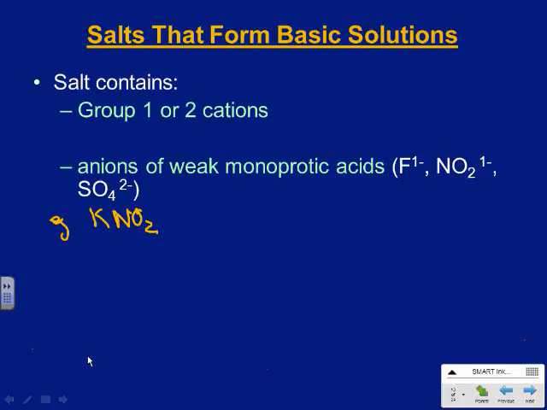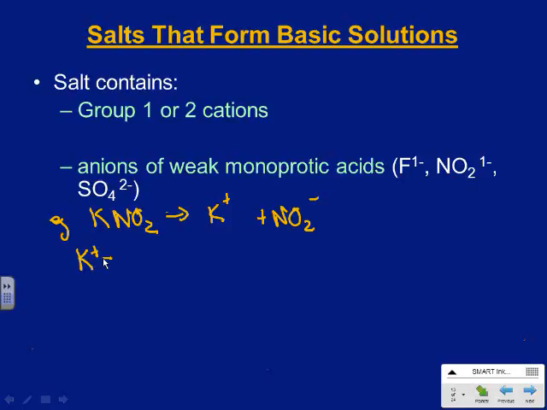So, if you're given a salt, dissociate it. If I'm asking whether it's going to produce an acid or a base or be neutral, dissociate it. So that's aqueous. That's going to produce a K plus and an NO2 minus. It doesn't matter the order, but I'm drawn to the K plus, because where did the K come from if it was an acid or a base?